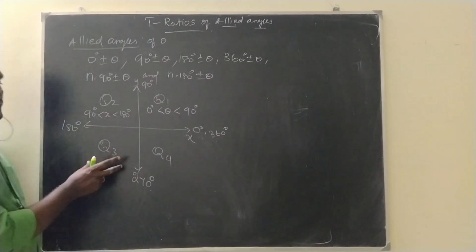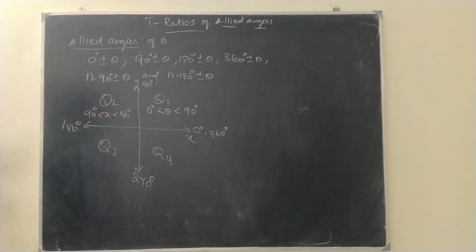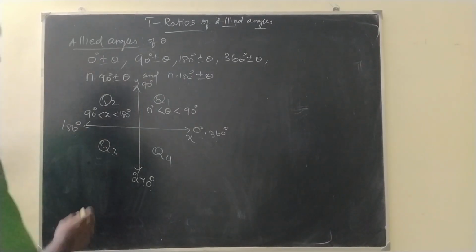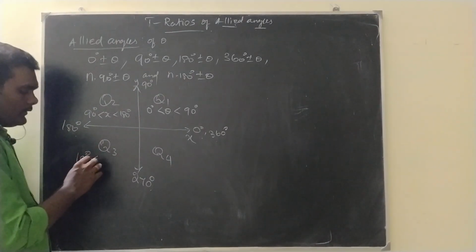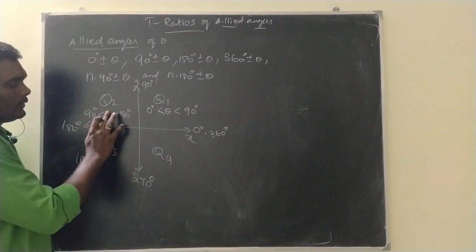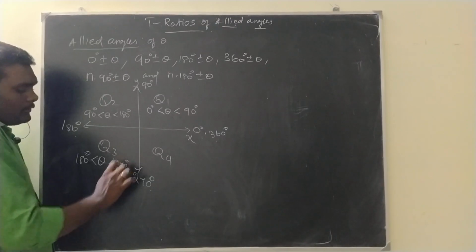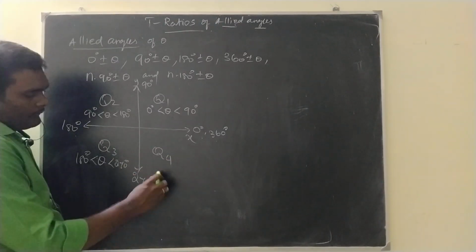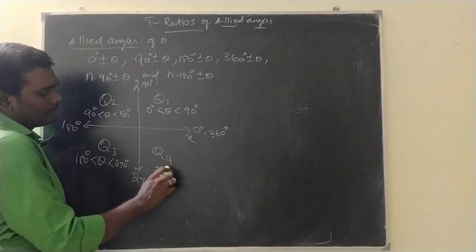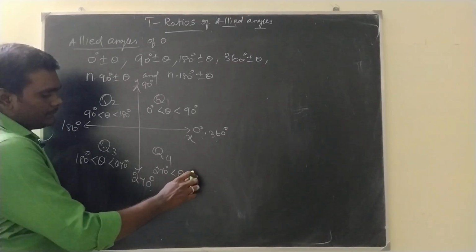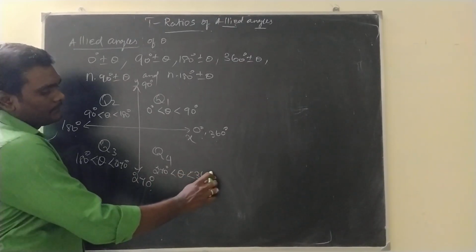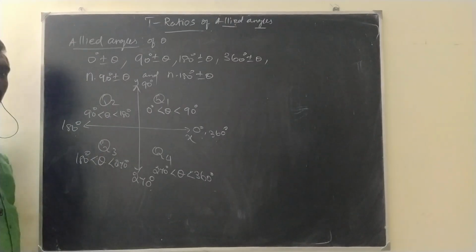Can you say what is the range of this angle? Theta is greater than 180 degree and less than 270 degree in the third quadrant, and here 270 degree is less than theta, less than 360. This is the angle variation.